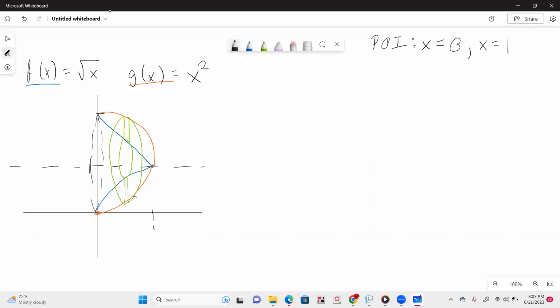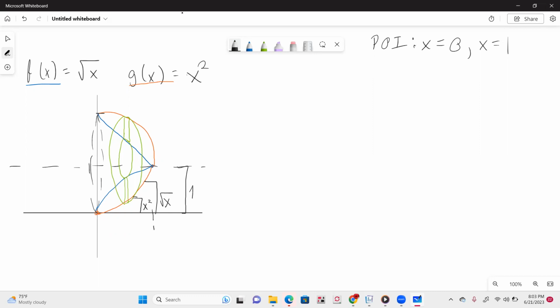You see how it hits the bottom of here? Since it's under this curve, it is going to be equal to x squared. And you see how our inner radius hits here? So anything under this curve is equal to the square root of x.